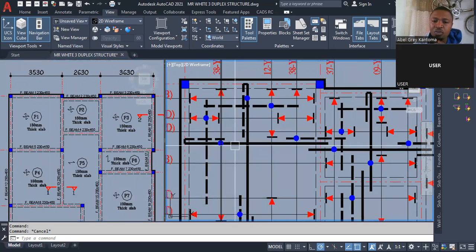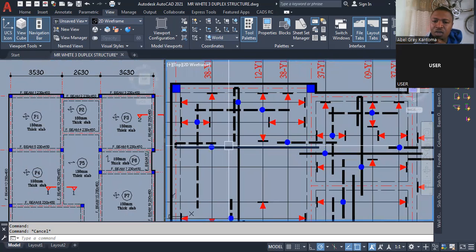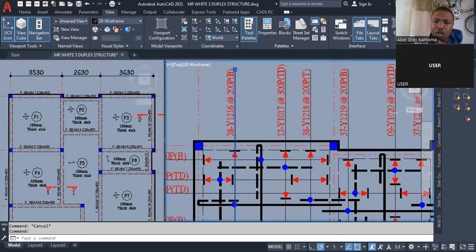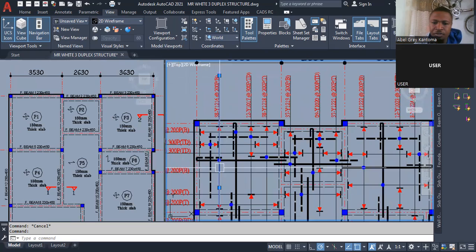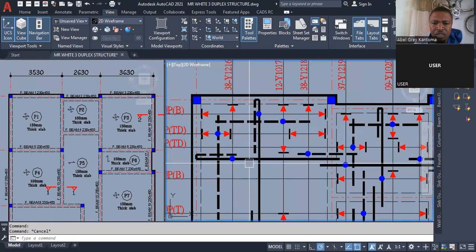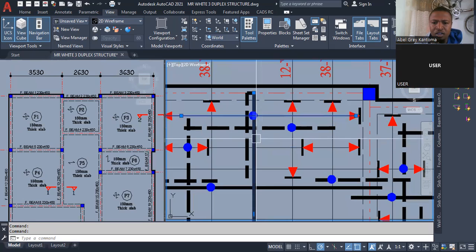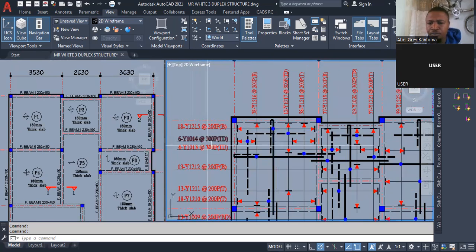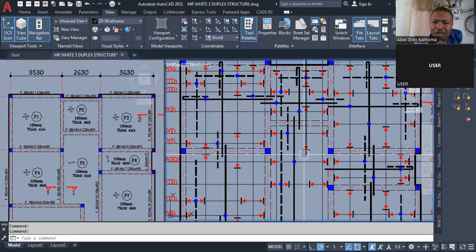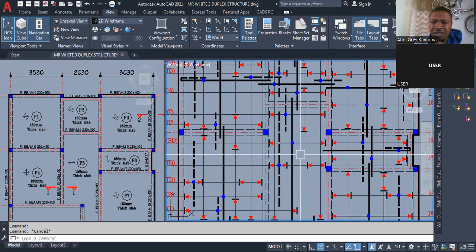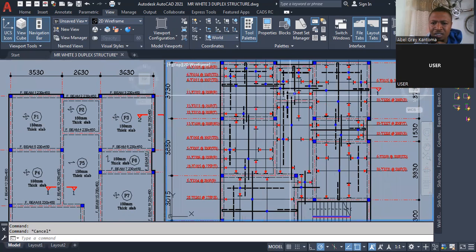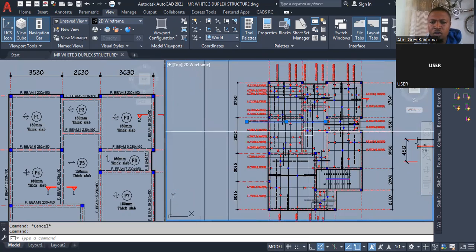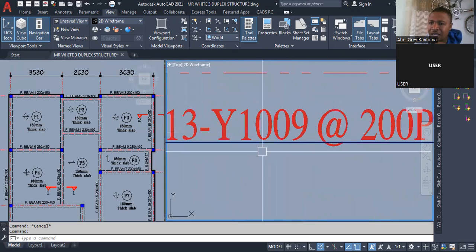I was explaining, you can see that we have our main reinforcement here, called out as Y12. This other reinforcement is also Y12. But this reinforcement along the long span, if you go to this call out, you discover that it is Y10.